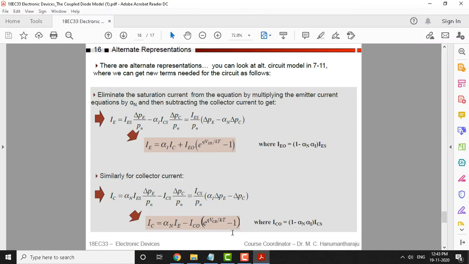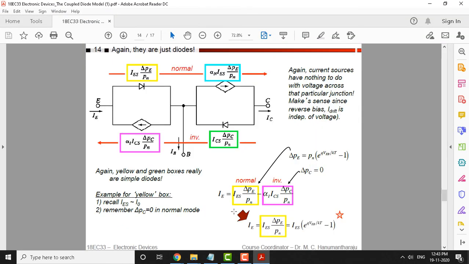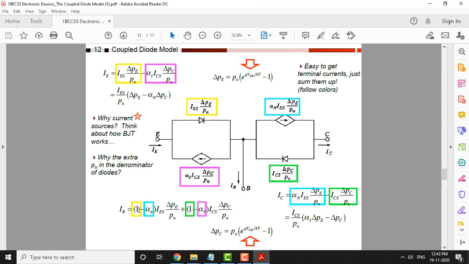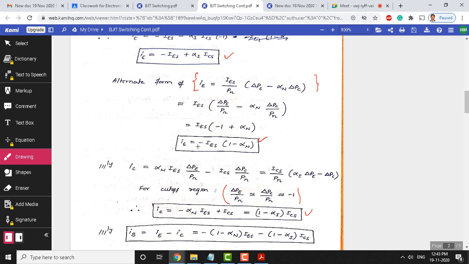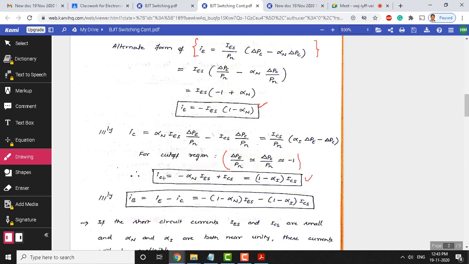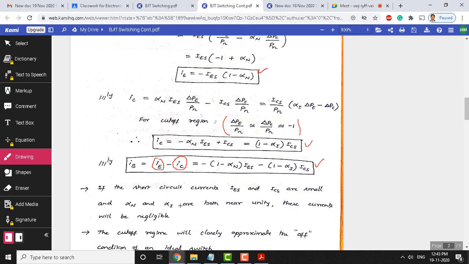You can even substitute the base current using this equation also. Okay, it's possible, but here itself we already have the emitter current equation and collector current equation. So just substitute for this emitter and collector current, and you get a simplified equation for the base current that is flowing in the cutoff mode here.